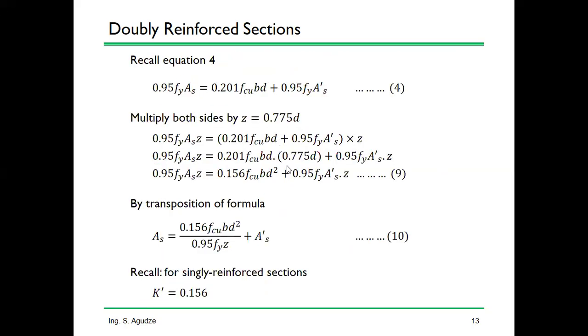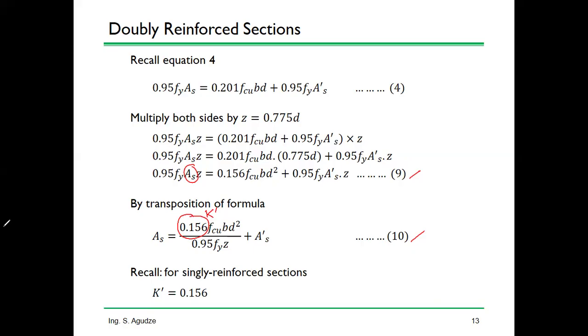Now, let's recall equation 4. From this equation 4, if we multiply both sides by Z, it will simplify to equation 9. And from equation 9, if we make AS the subject, we'll get equation 10. Let's recall again that in this equation, this 0.156 is actually K prime.